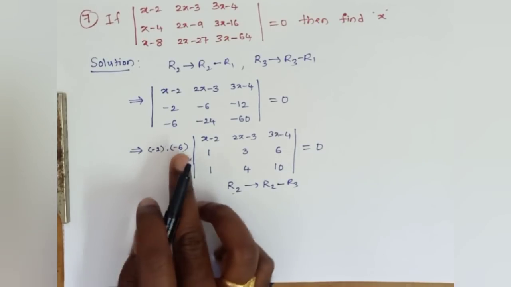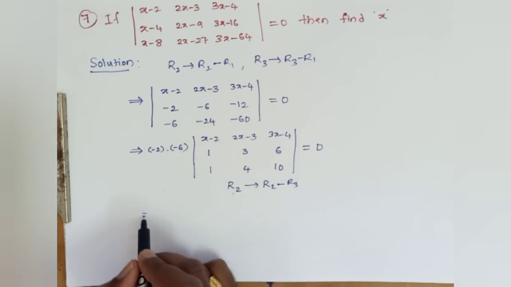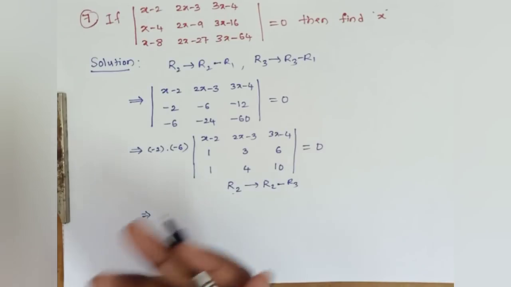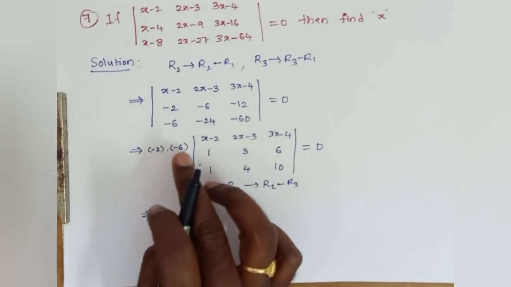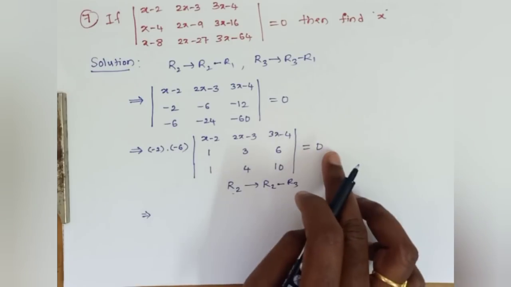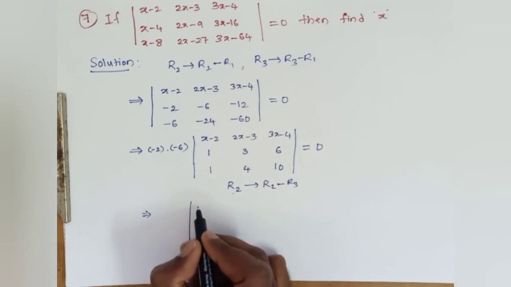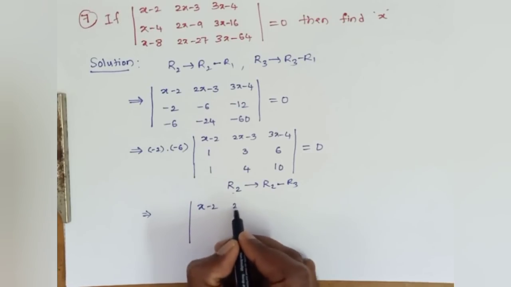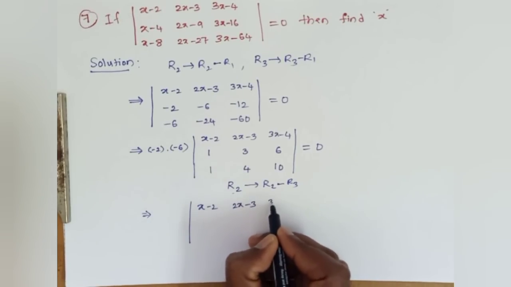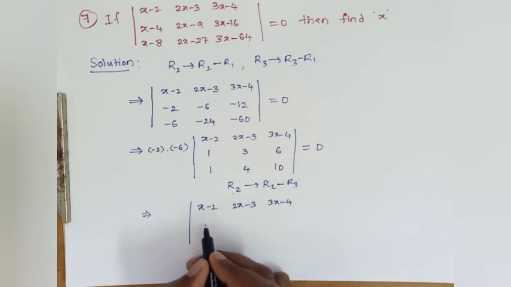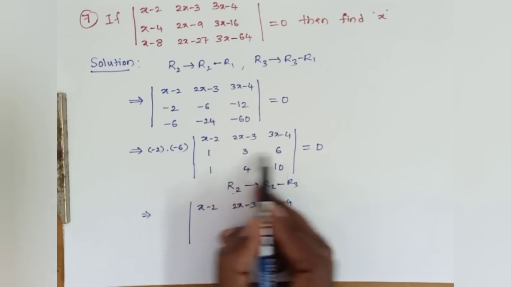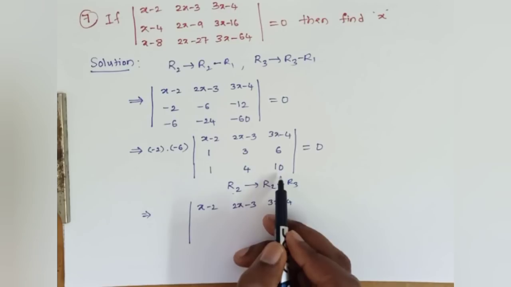Now this is minus 2 into minus 6, that is plus 12. Dividing on both sides by 12, the 12 and 12 will get cancelled, and 0 by 12 is 0 only. So the remaining determinant is x minus 2, 2x minus 3 and 3x minus 4. So this is changing R2 elements minus R3 elements.